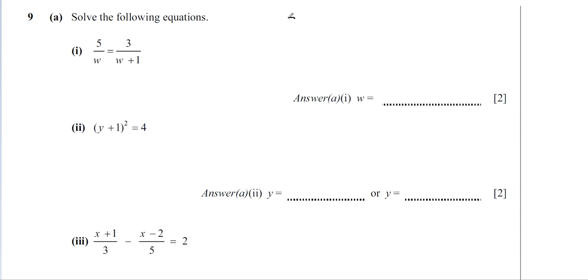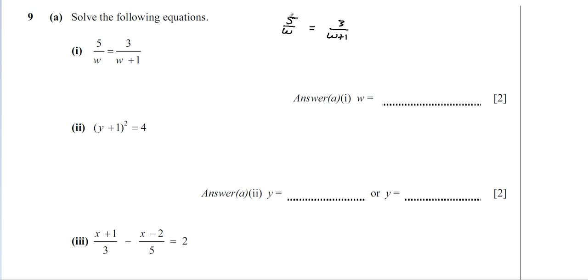So it's 5 over w is equal to 3 over w plus 1. If we're trying to solve for w in this equation, we're not trying to solve for 1 over w or 1 over w plus 1. So we're going to try and get rid of the w's out of the denominators.